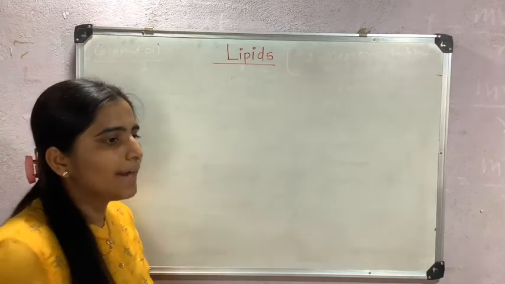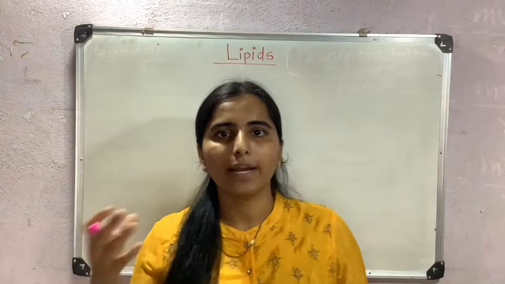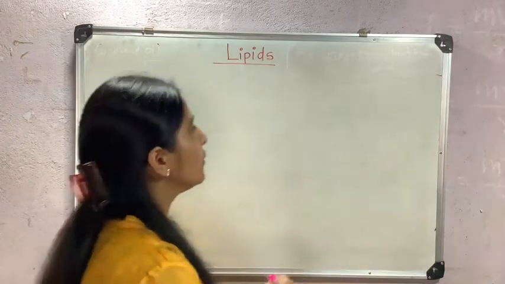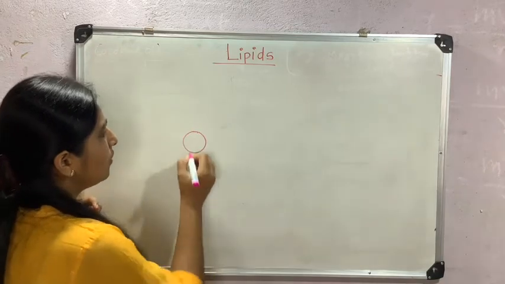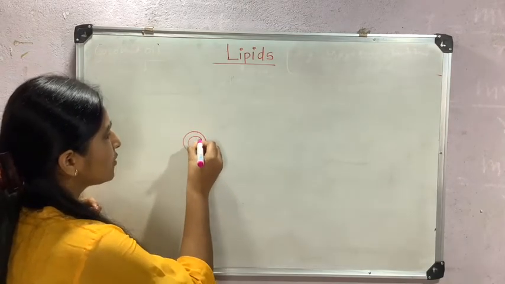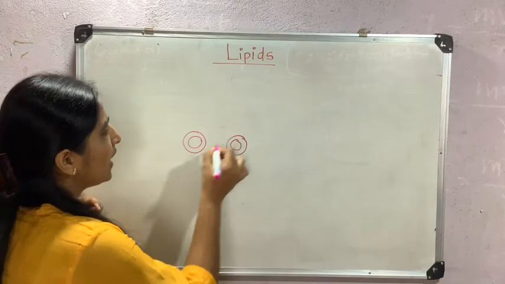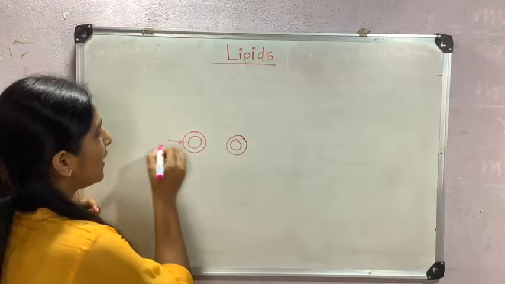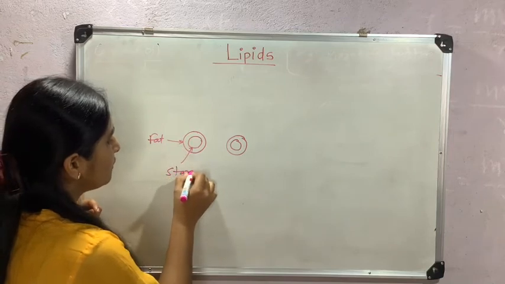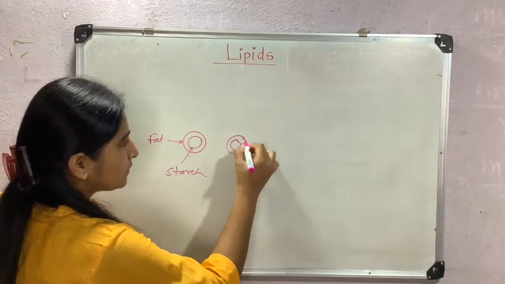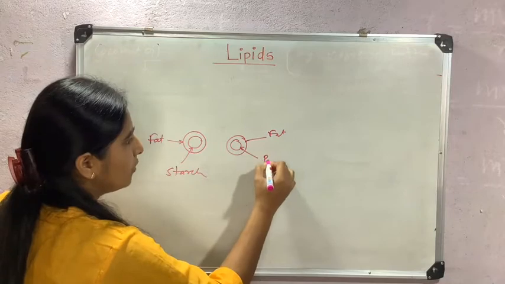Suppose you add fat, then starch and protein molecules together, or you mix them together, then this fat molecule will cover the starch molecule and protein molecule. This is fat, as it coats the starch molecule, it also coats the protein molecule.